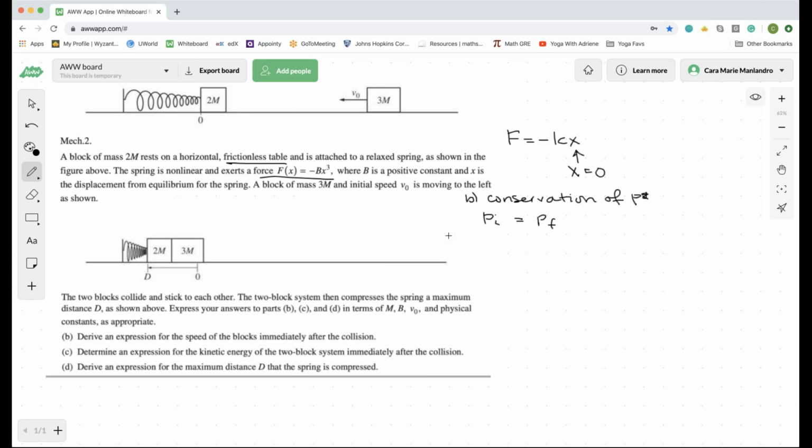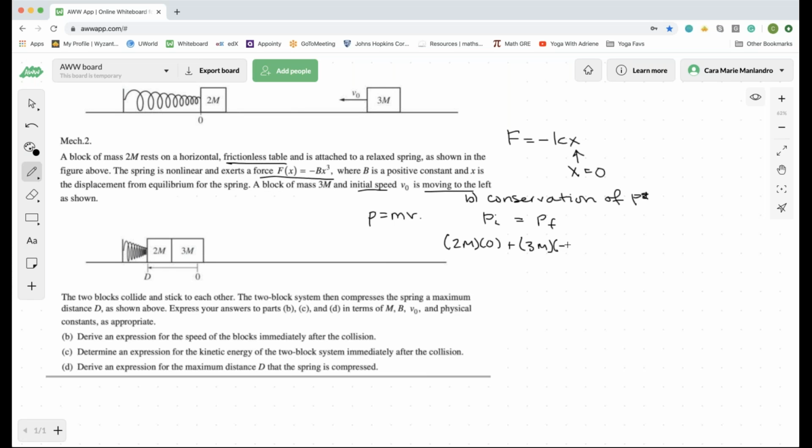Remember that momentum is mass times velocity. In my initial state, I have 2m, and it's moving at 0. It's not moving. The momentum for the other block is 3m moving at a speed of v naught.